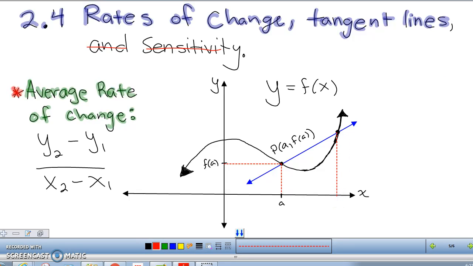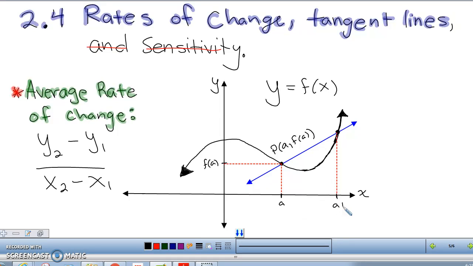Now, I'm going to write the x value for the second point that belongs to the secant line. I'm going to write it in terms of a.